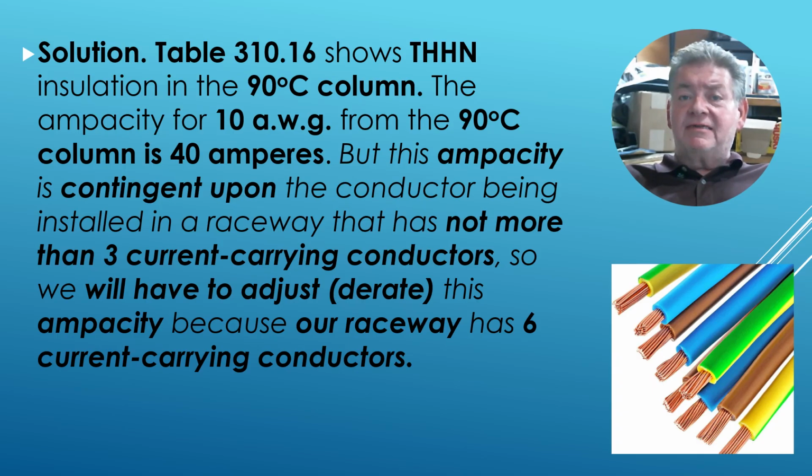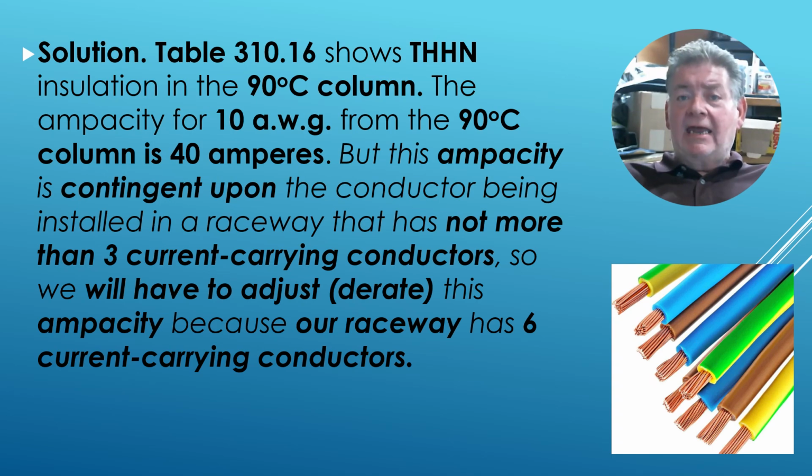But remember, this ampacity is contingent upon that conductor being installed in an area that has a surrounding air temperature of about 86 degrees Fahrenheit, and not more than a total of 3 current carrying conductors in that raceway, that pipe.